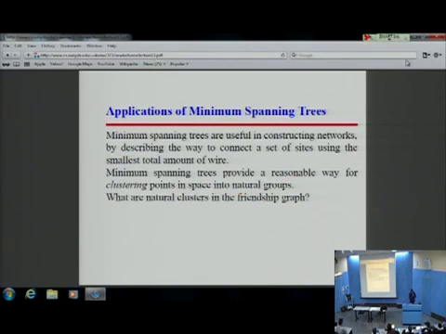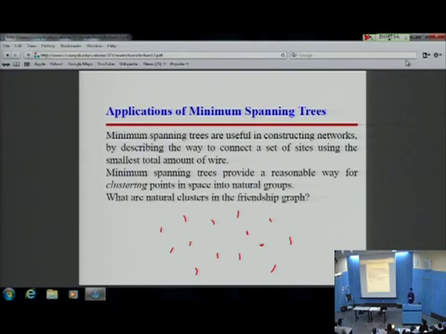So why is it that people care about minimum spanning trees? The original reason you care about it has to do with if you're trying to connect, let's say you work for the phone company. Here we've got a bunch of points representing houses.